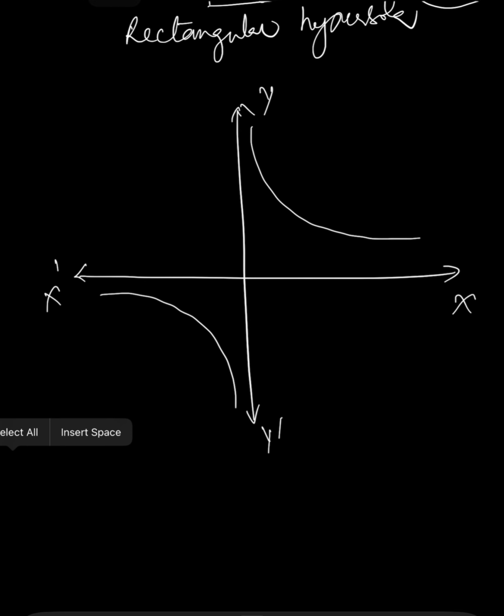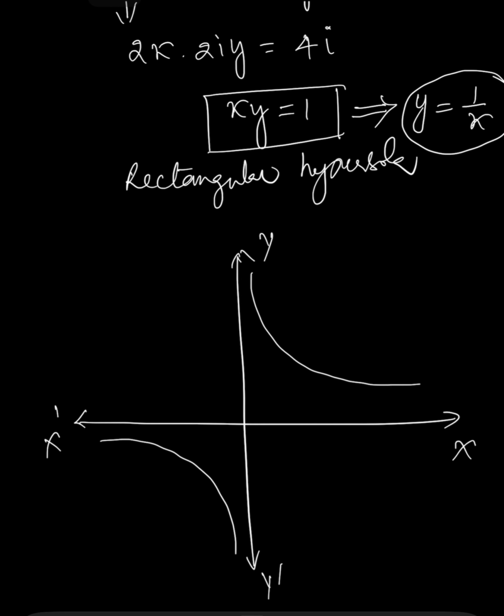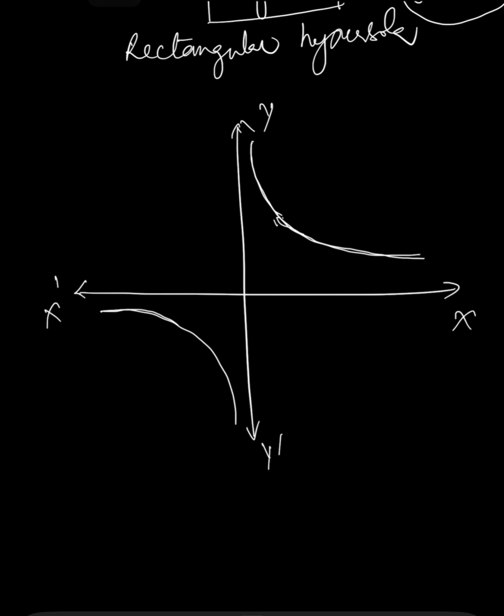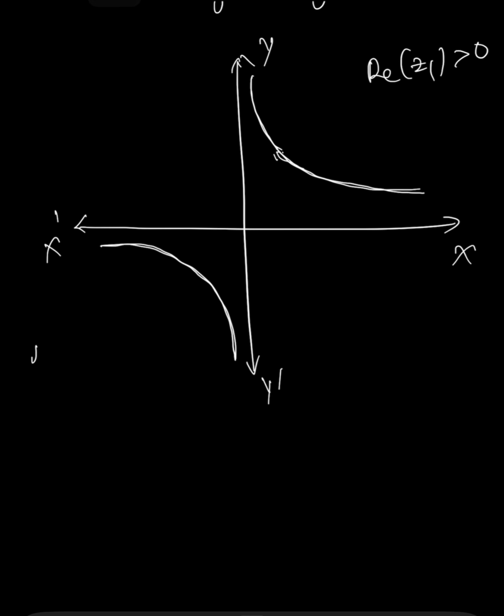Now they mentioned the real part of z1 is greater than 0, which means z1 lies in this branch of the hyperbola, and the real part of z2 is less than 0, so z2 lies in this other branch of the hyperbola.